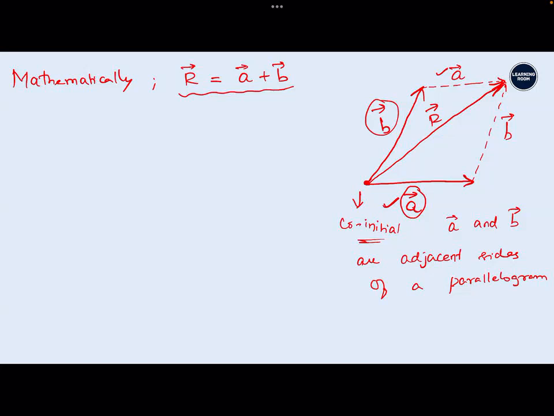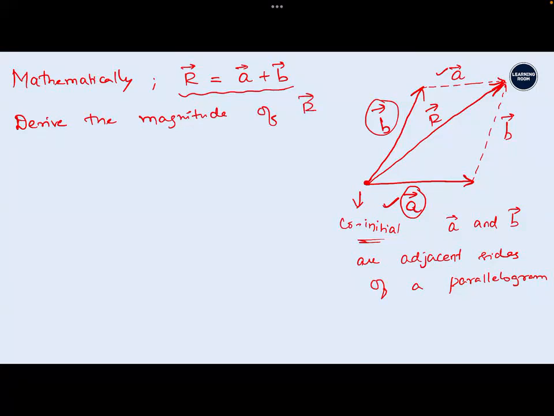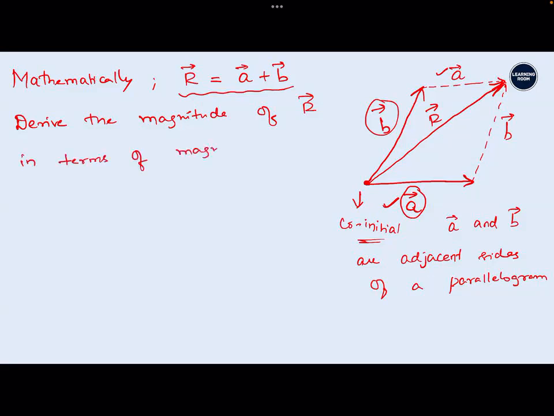Now we'll do one thing. We will try to derive the magnitude of R vector, meaning what is going to be the length of R vector in terms of the magnitudes of A vector and B vector. For that, let us consider the angle between these two vectors as theta.